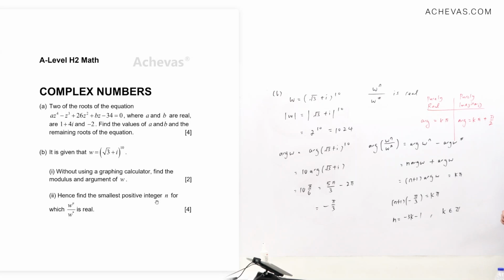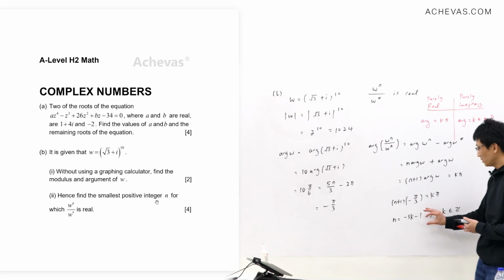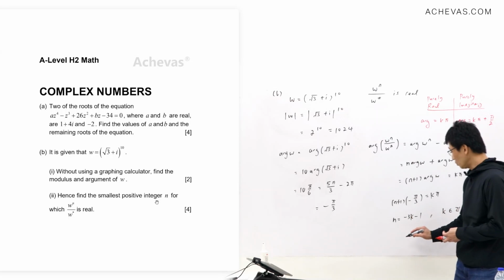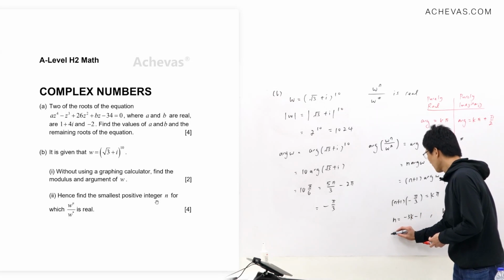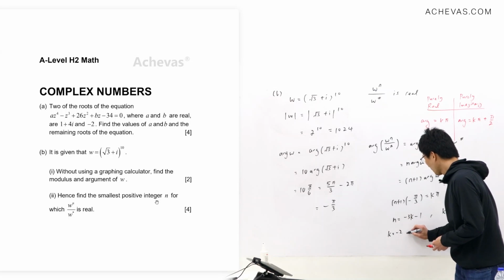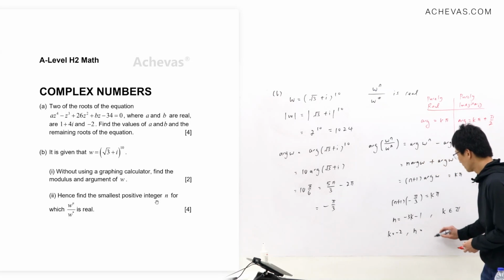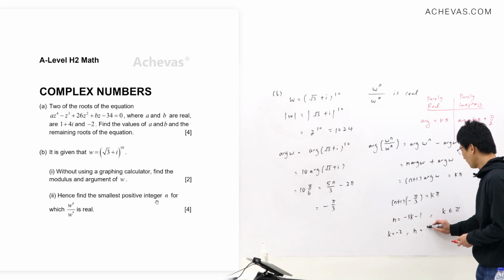So what we can do is to substitute in the first few values of k, some values of negative, some values of positive, to see which are the values of n that give me the least value. So by substituting k equals minus 2, I will get n equals 5.